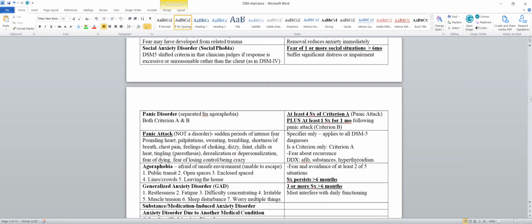And symptoms persist for more than 6 months. To go back to the panic attack, some people, all they will ever have is 1 panic attack in their whole life, whereas some people have panic attacks several times a year, and that would be panic disorder.